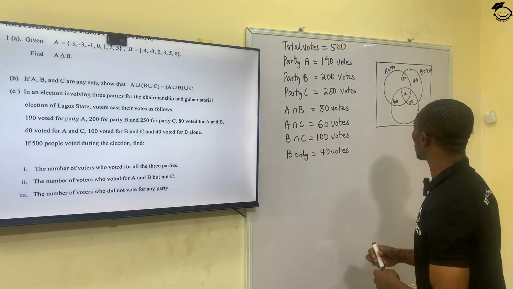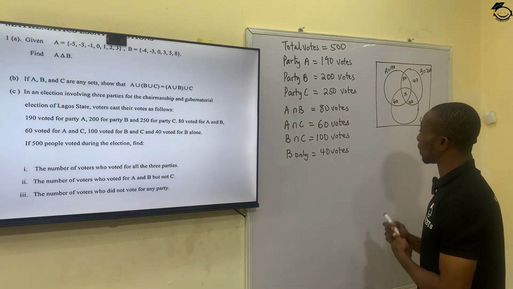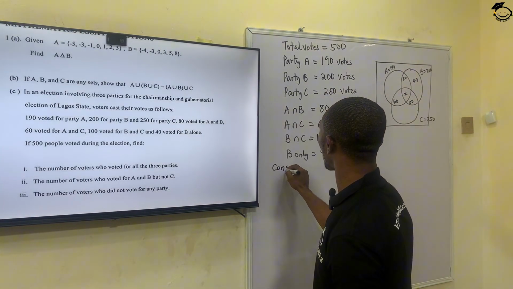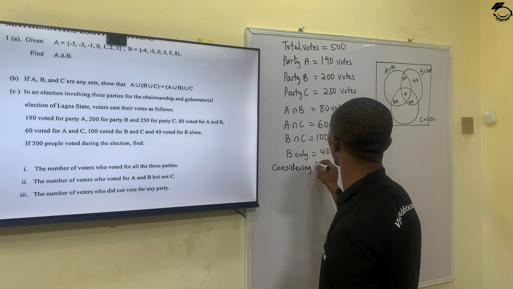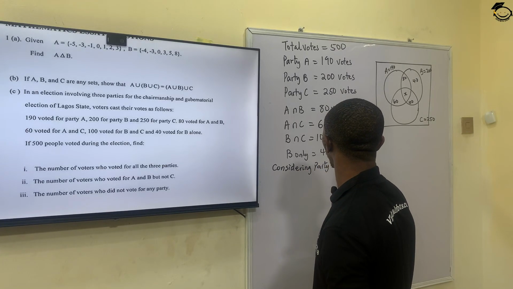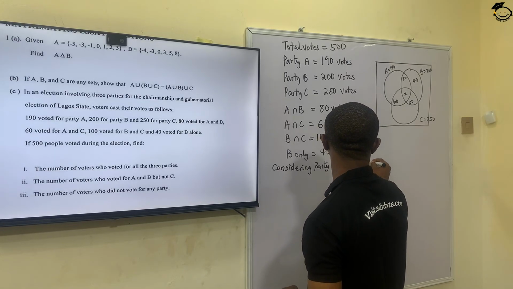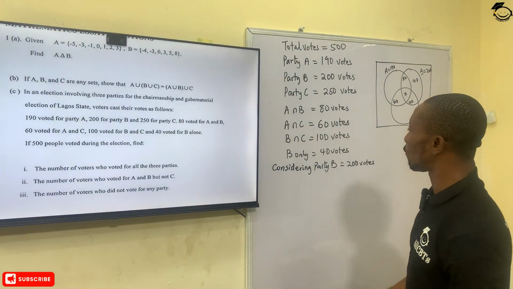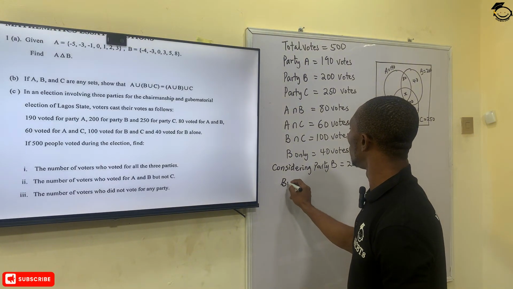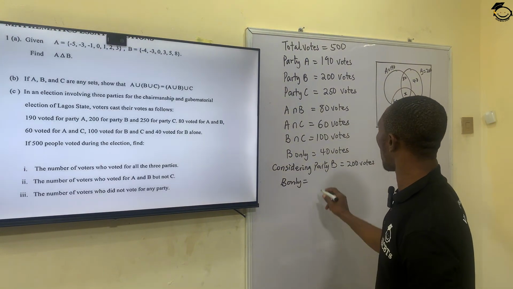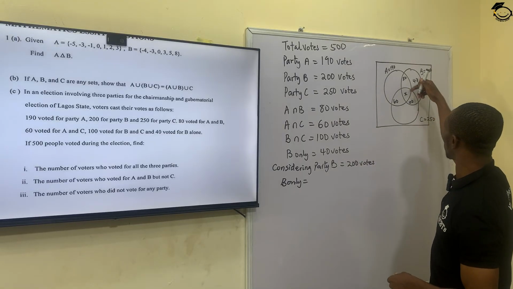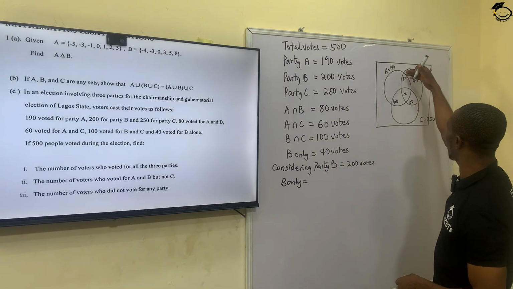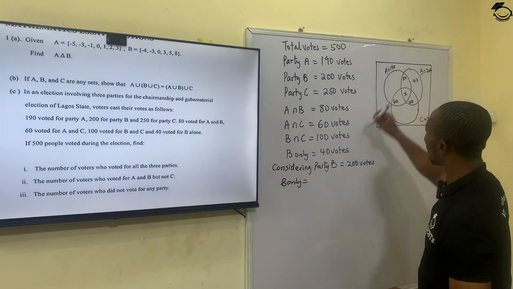Now, for us to find the number of people who voted for the three parties, okay, considering Party B, where we have 200 votes. They say 40 people voted for B only. And for us to get B only, we would have 200 minus all we have here to get our 40 only.